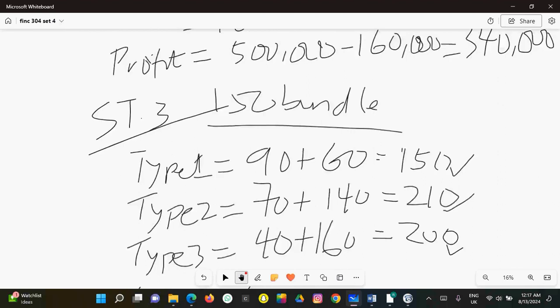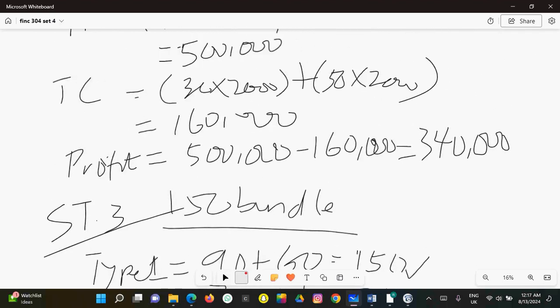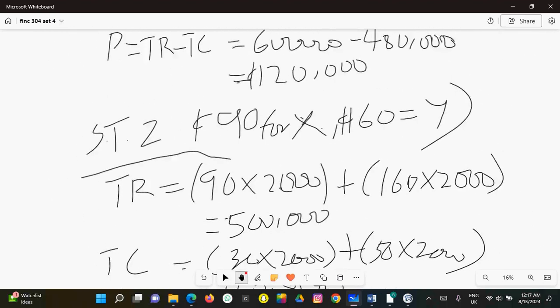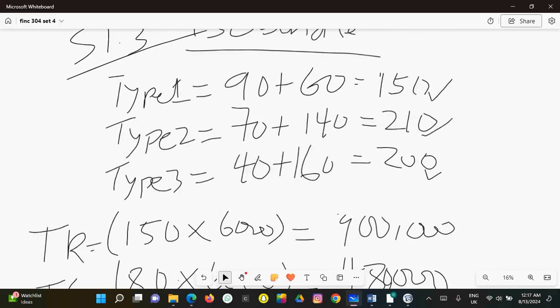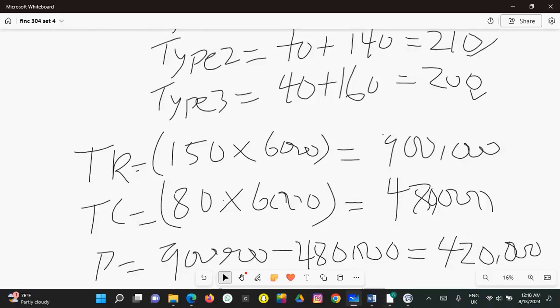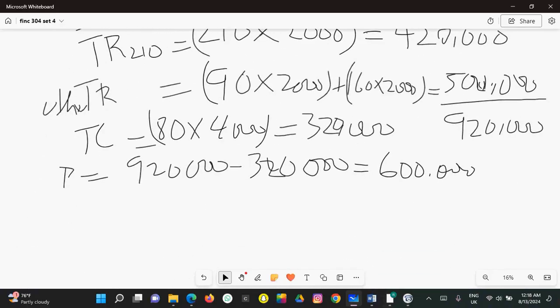Strategy 2 has a profit of 340,000. Strategy 1 has a profit of 120,000. Which one will you choose? We are going to choose strategy 4 because that gives us the highest profit. All right.